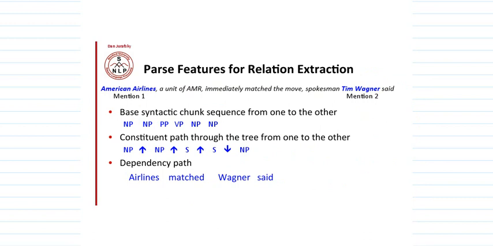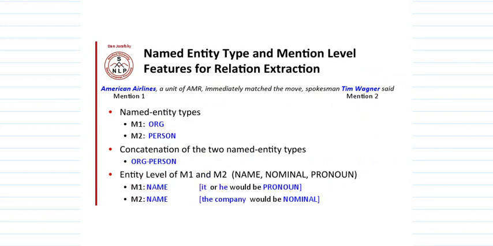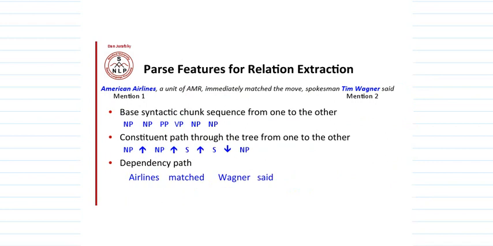Now we can have a more complex set of features. From a syntactic parse tree, we can see the constituent path from one component to another, and whether, moving from one entity to another, from one mention to another, we are going upwards or downwards in the tree.